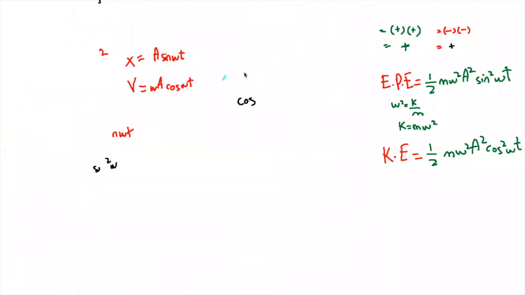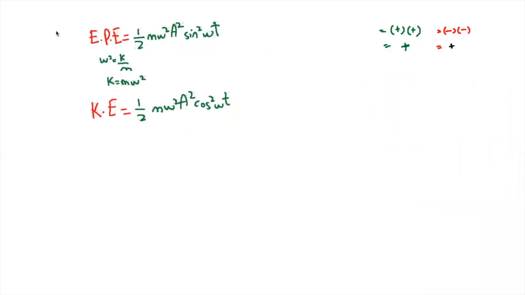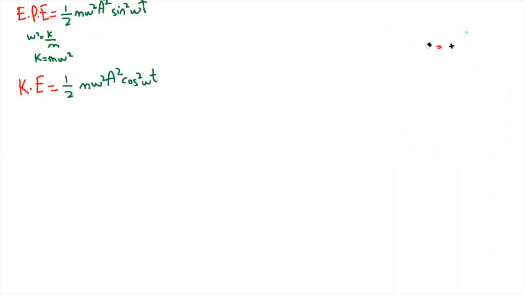Okay, so I have erased this. Now I'm gonna move this stuff to the left, and I'm gonna make a graph. Okay, this comes here, and I'm gonna make a graph of energy and time.